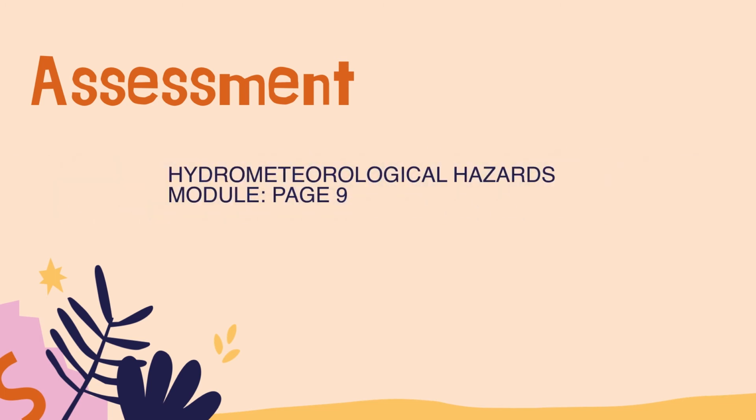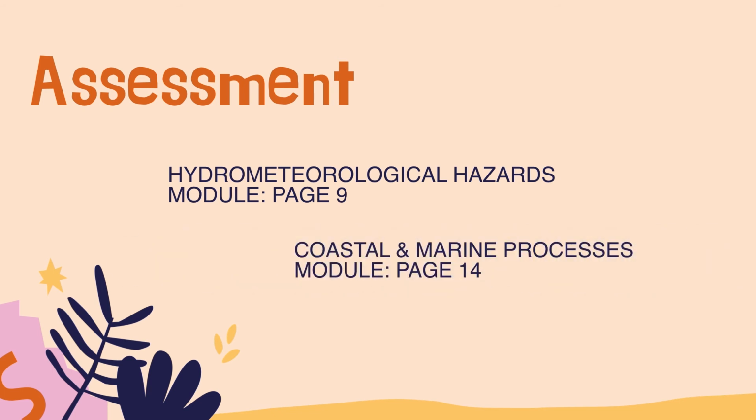For the hydrometeorological hazards, open it to page 9. For coastal and marine processes, open it on page 14. Read the directions carefully and answer the questions given. Put all your answers on your notebook or paper.